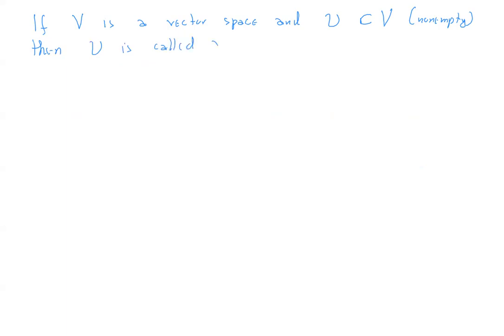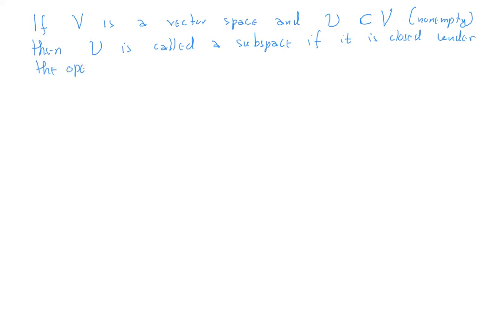If V is a vector space and U is a non-empty subset of V, then U is called a subspace if it is closed under the operations.